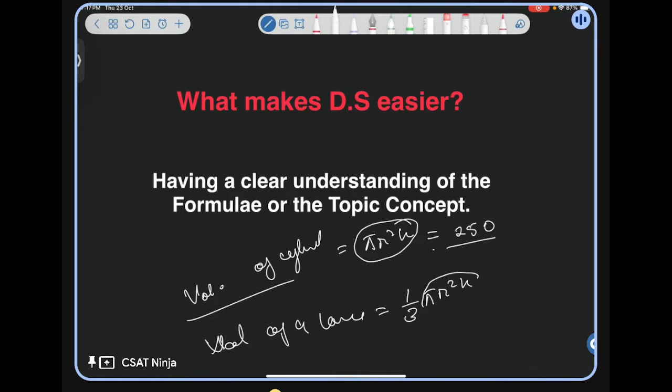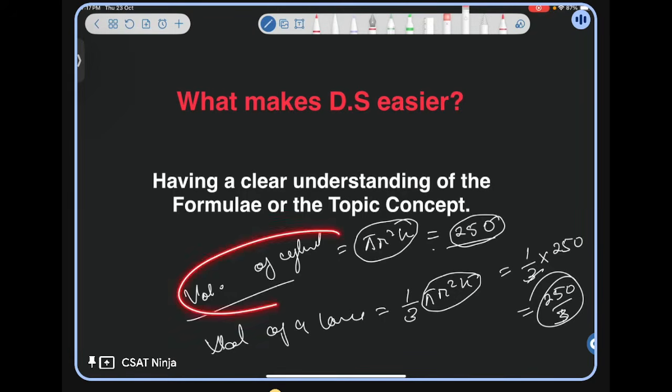We have pi r square h in both. So 1/3 of the volume of the cylinder will give me the volume of the cone, which is 250 divided by 3. So if you understand how the cylinder and cone are correlated, it will be easier for you to solve the answer here.